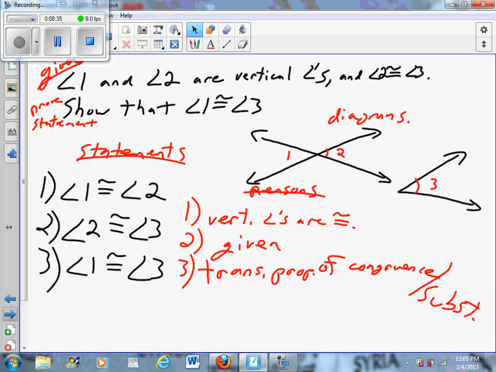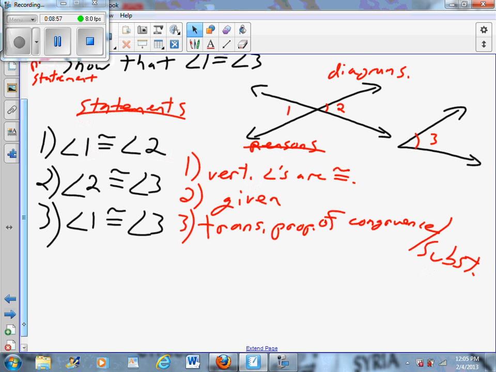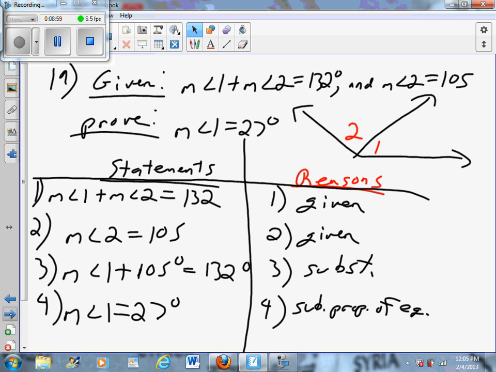That would be the second part of this two-column proof. You've got a diagram showing a picture. It's important to have a pictorial representation of what it is that you're dealing with here. That's the third part. The fourth and fifth parts of this two-column proof are the statements and the reasons themselves. All right, so a two-column proof consists of 5 parts.